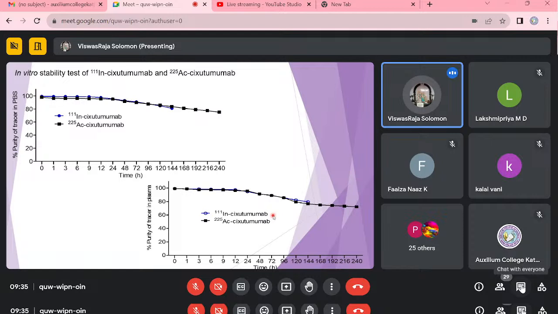First one, we do stability studies. We want to know this tracer should be stable. As you know, for the radioisotope, the half-life, for indium, is 68 hours. If I take 1 millicurie of activity and measure the same activity after 68 hours, I see only a lesser amount.